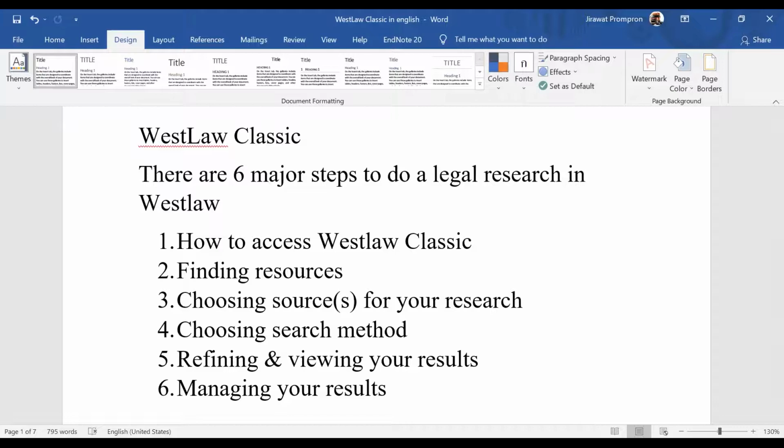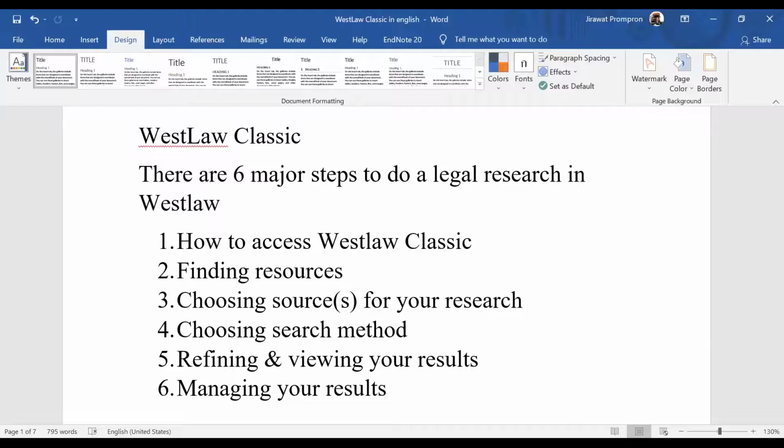there are 28,000 databases contained in the Westlaw platform. You have to find out the results in Westlaw and choose it for your research.